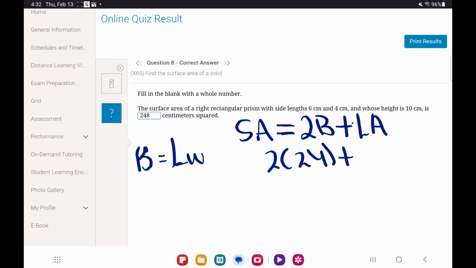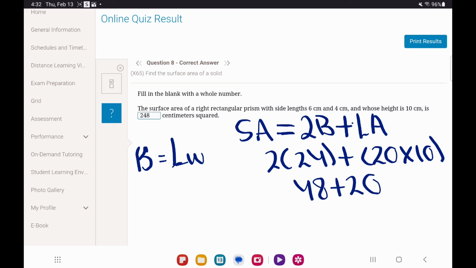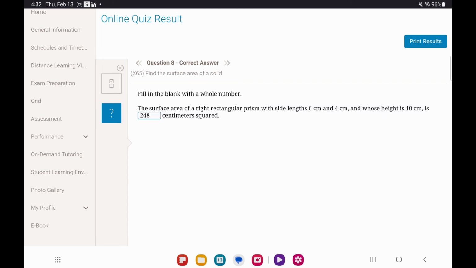And then the height is 10, so 20 times 10, which is 200. So 2 times 24 is 48. 48 plus 200 is 248, and that's your answer. And it's very simple if you just memorize the rules.